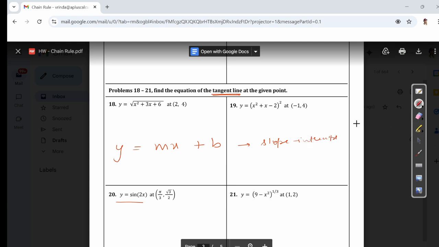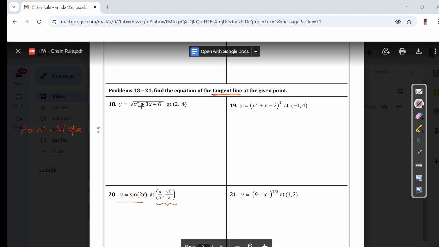There is another form to write the equation of a line, which is called the point slope form, and that point slope form will be useful here because they have given you 1 point. So you don't use the slope intercept form to write the equation, you use the point slope form.